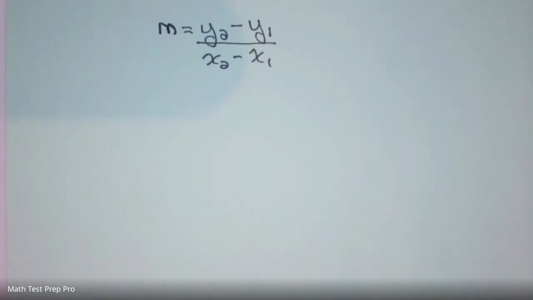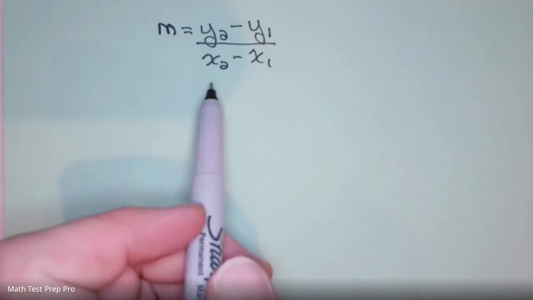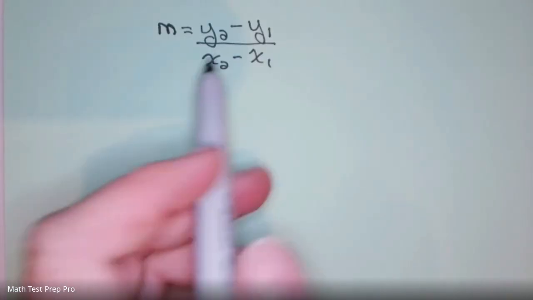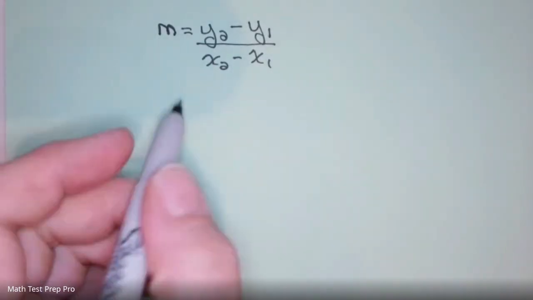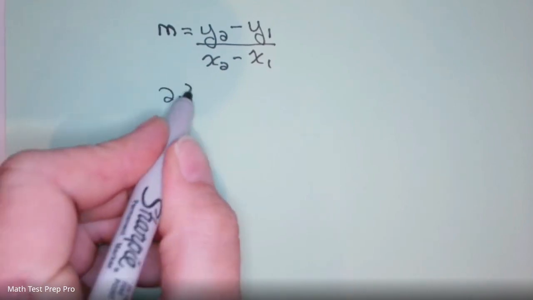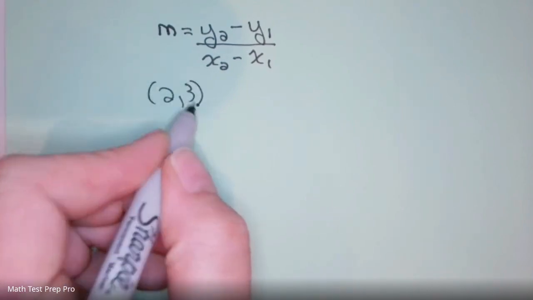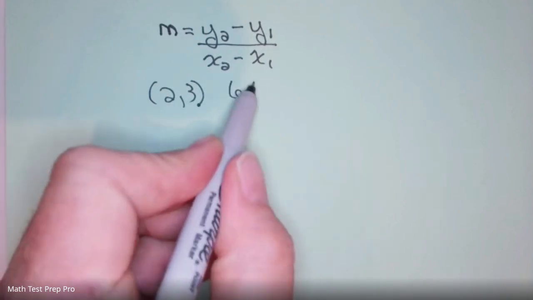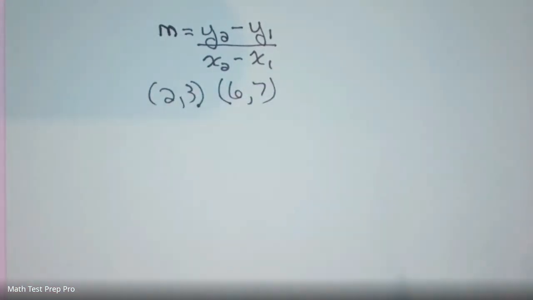We use this formula when we have 2 points. Let's say, for instance, we have the points 2, 3 and 6, 7, and we want to know the slope.